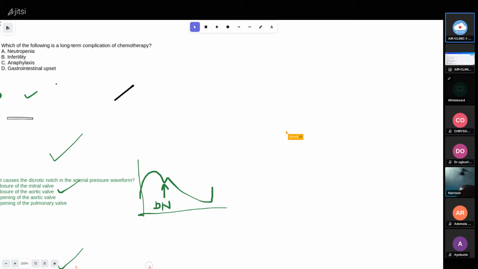Animal sources, basically everything you eat from beef to chicken, fish, eggs, dairy products like milk, cheese, yogurt, they contain niacin.